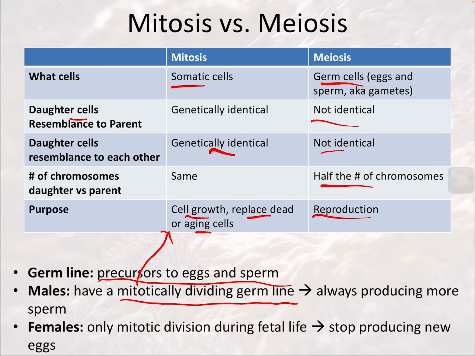In females, there's mitotic division of those germline cells that are going to make the eggs, but only during fetal life. Once a female is born, there's no more mitosis happening in that germline, and so really all the eggs that a female starts with is the most that she'll ever have.